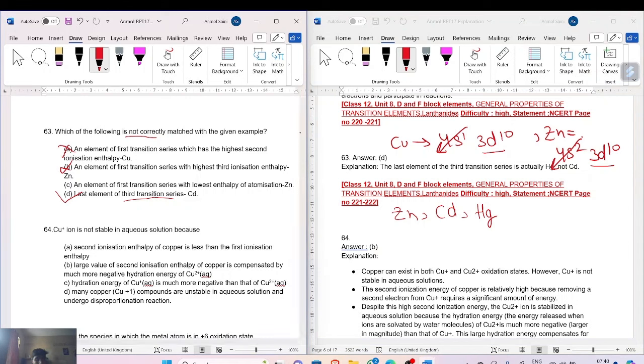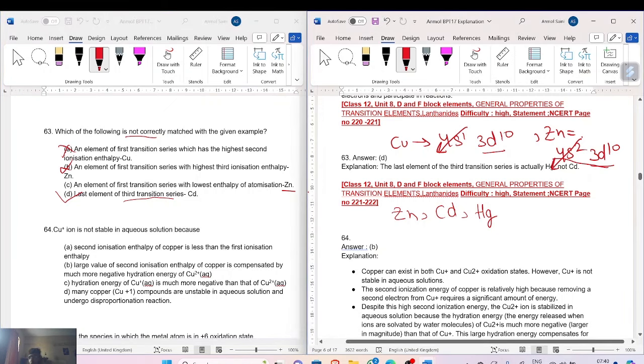And the C part is an element of the first transition series with the lowest enthalpy of atomization. We know that zinc has an electronic configuration of 4s2 3d10, and from this we can tell there is no unpaired electron.